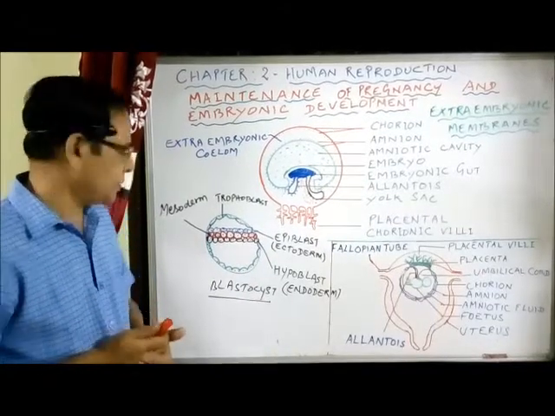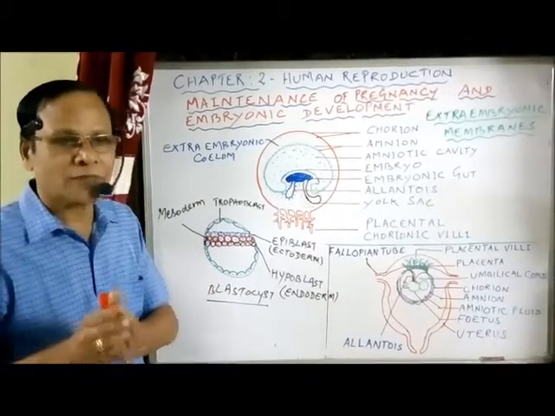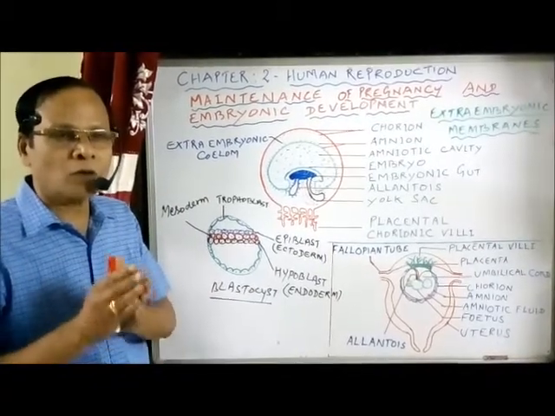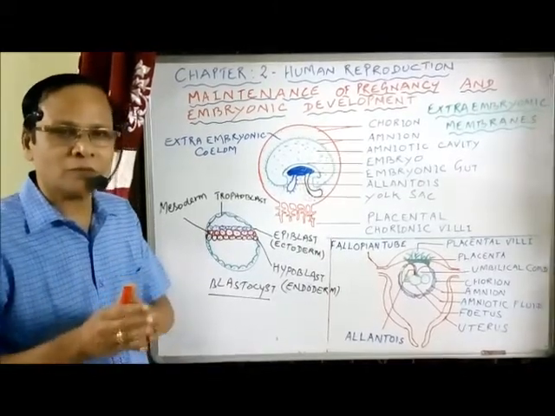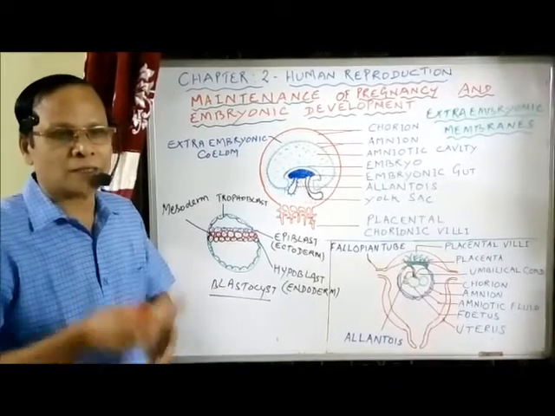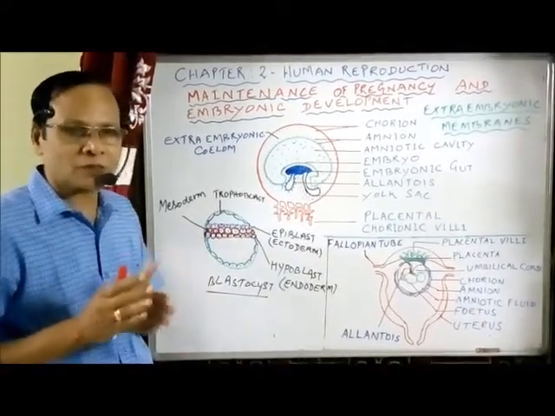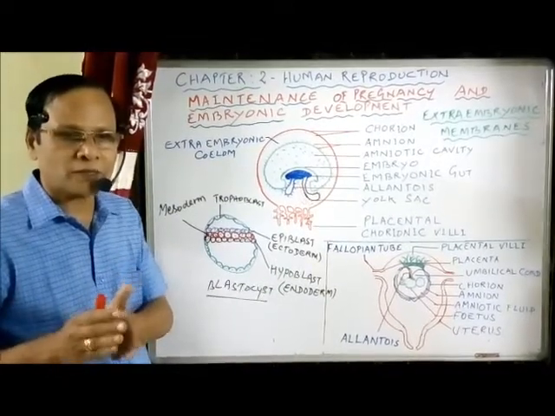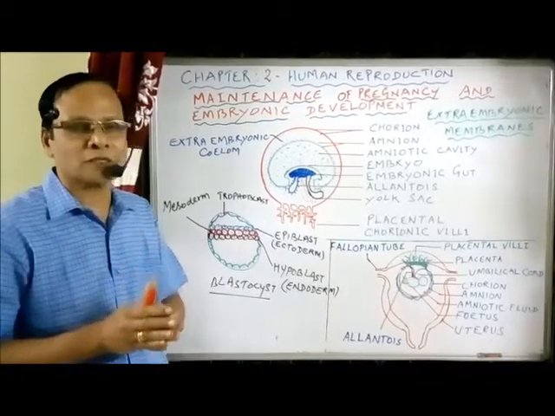So the blastocyst gets transformed into a gastrula with all three primary germ layers, ectoderm, endoderm and mesoderm, by the movement of cells, and that process is called gastrulation. After the formation of the blastocyst, the next stage is gastrulation, which is the formation of the gastrula.